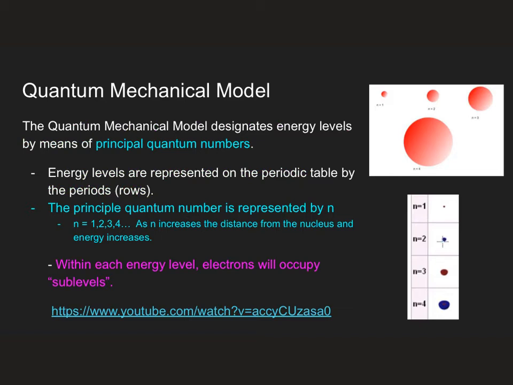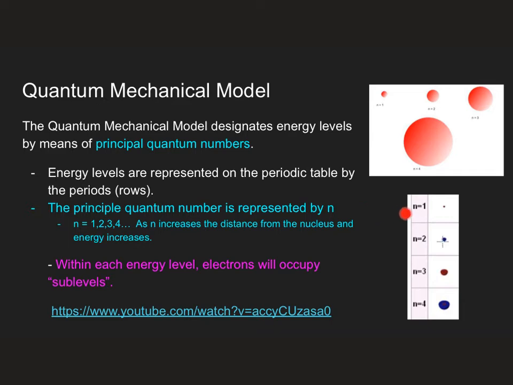Those energy levels are the exact same thing we were looking at before with the rows on the periodic table, or periods as we call them, right? So when we said that an electron would be found in this shell or this shell of the atom, we weren't lying. That's still the exact same thing in the Bohr model. It's just in a three-dimensional type image, and it might not be in a perfect circle.